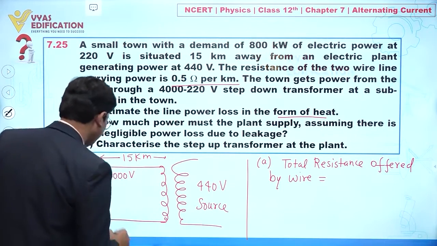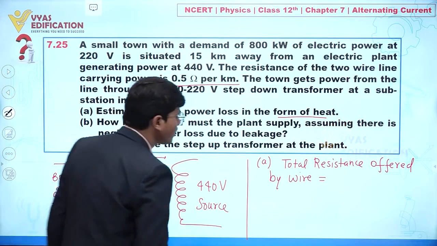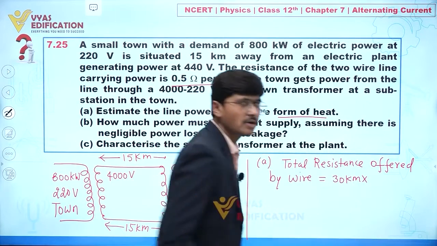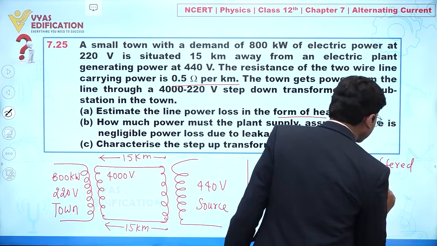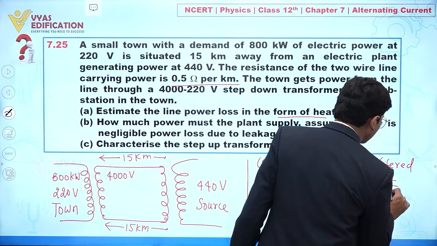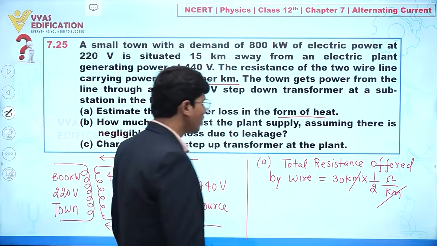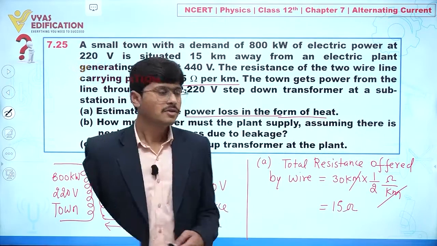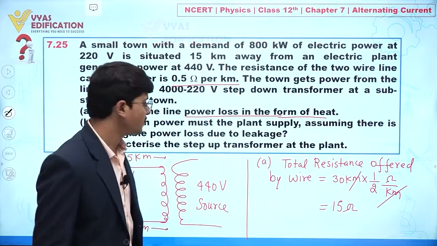Total we have 15 kilometer, and this one is also 15 kilometer, so the total distance is 30 kilometer. And resistance is given as 0.5 ohm per kilometer. So the kilometer cancels out, and the total resistance offered is 15 ohm.